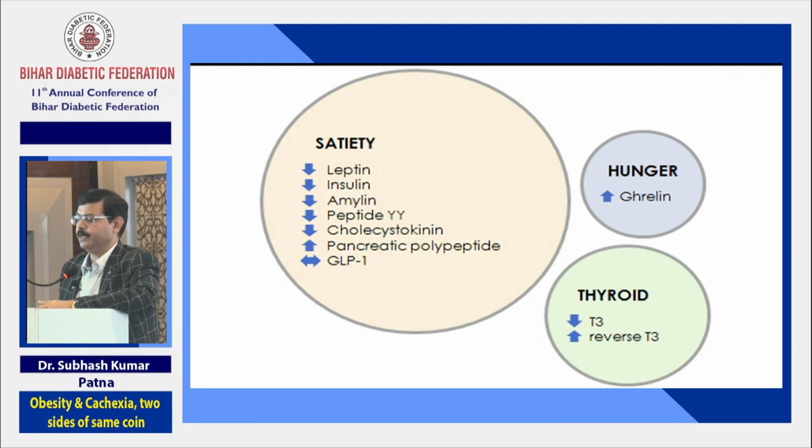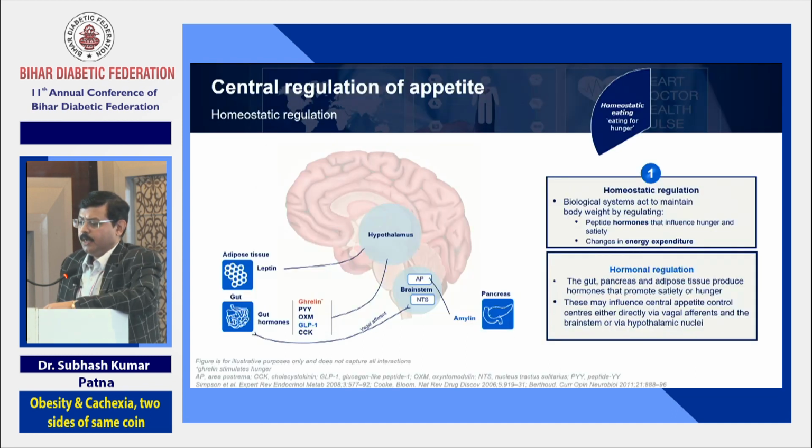And if you look at the hunger hormone, this is ghrelin which I just talked about, and thyroxine has a role in it. There is central regulation depending on signals from the adipose tissue. Leptin stimulates the hypothalamus, which I said, and there is a regulation of appetite, and from the gut we get ghrelin and other polypeptides like peptide YY and GLP-1 and so on, which have a depressive effect on it.